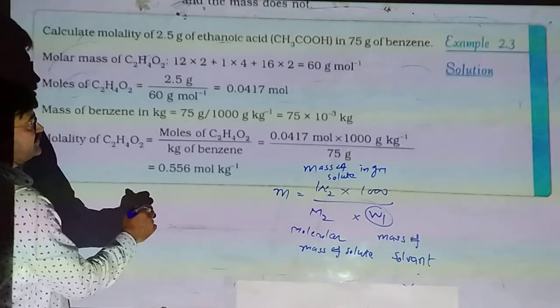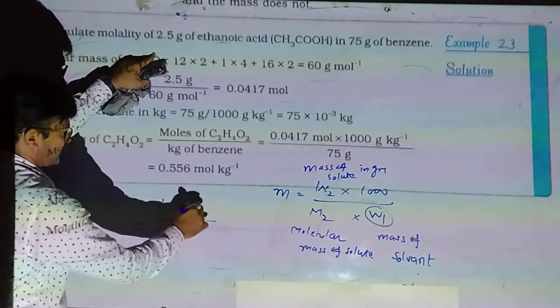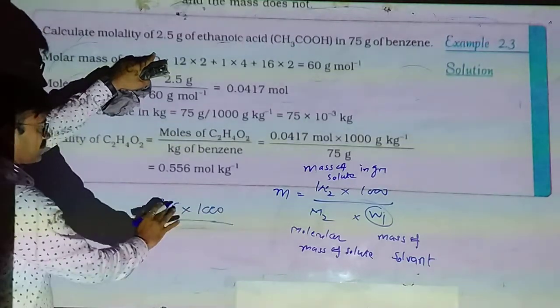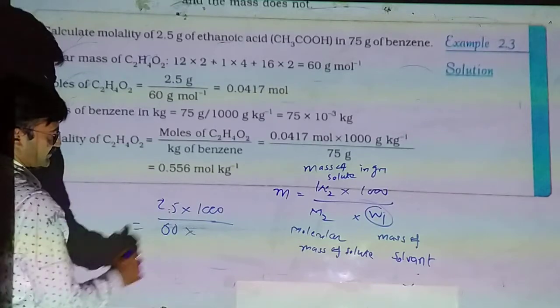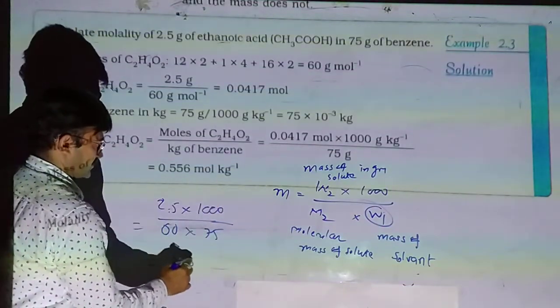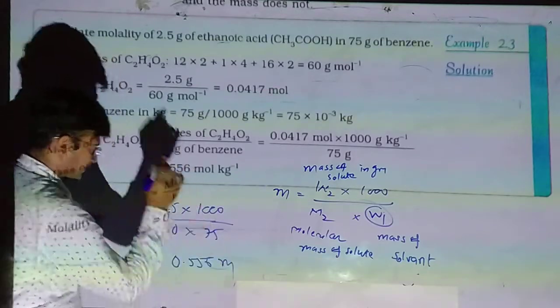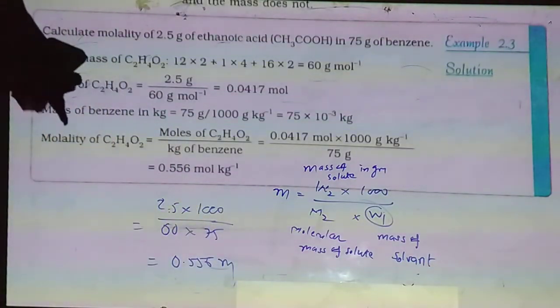So W2 is 2.5 gram into 1000. Molecular mass is 60. Then mass of solvent 75. So 0.556 molality, small m, mole per kg.